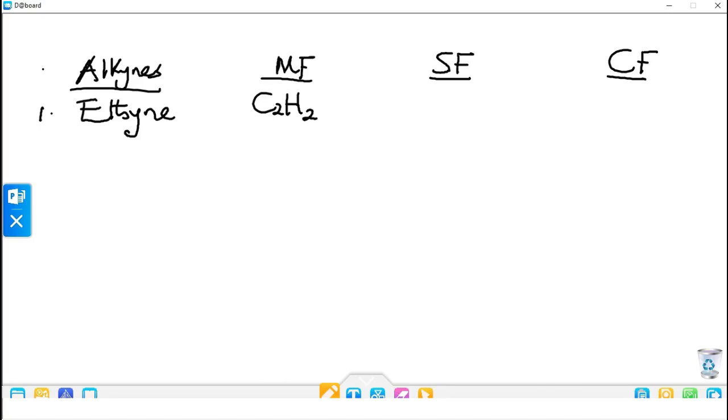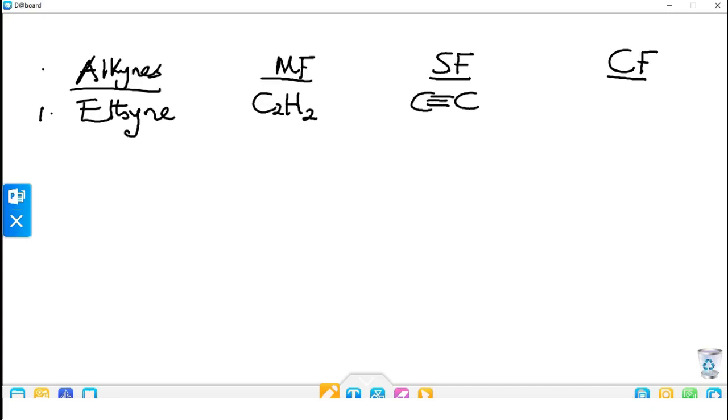So having seen that, what will be the structural formula for ethyne? Ethyne has 2 carbon atoms. Since it has 2 carbon atoms, we have said that alkynes are characterized with the possession of triple bonds between their carbon atoms. That is to say, they are unsaturated hydrocarbons. So it implies that alkyne will have triple bonds between its carbon atoms.